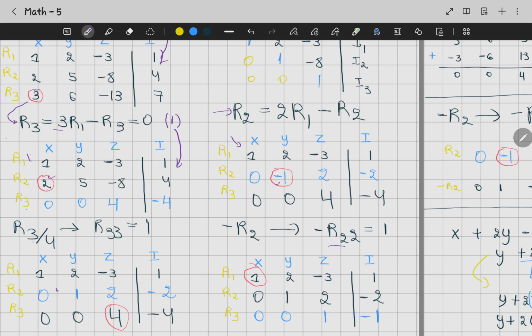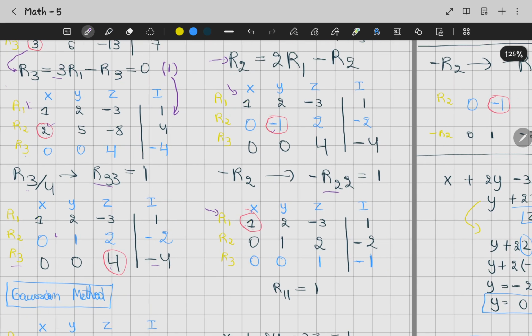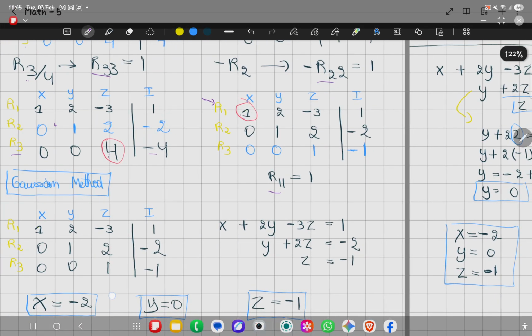And then from here we make row 3 column 3 into 1, so we divide the row R3 by 4, and that's why we end up with this matrix. You can see we already have the shape, since R1 column 1 already equals 1.